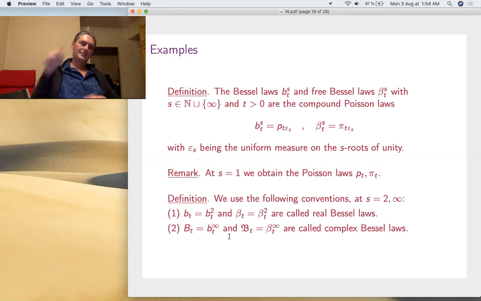And then we're also interested in the case s equals infinity. That's the biggest, somehow complex case. Here we'll use a Gothic letter, because here we would need a capital Greek letter and there is none, so we use Gothic instead. So these will be the complex Bessel laws.